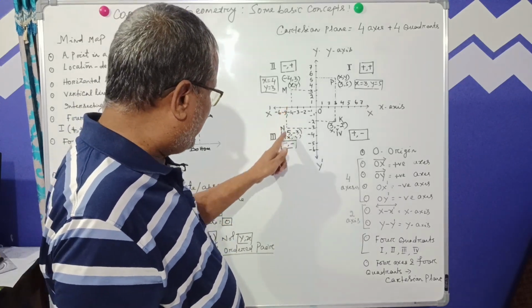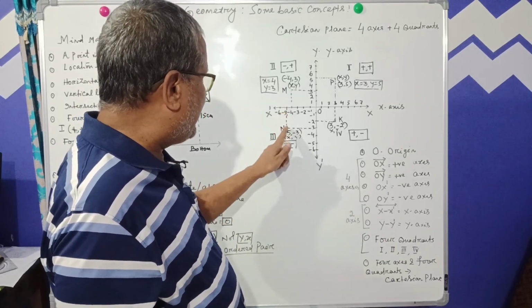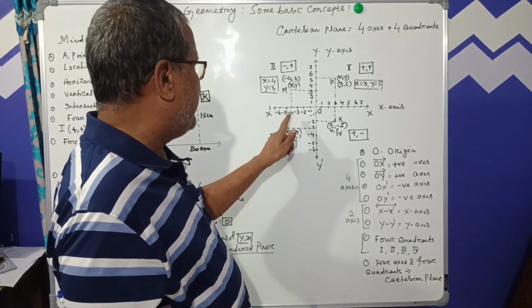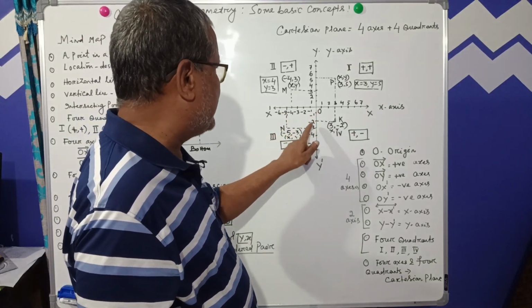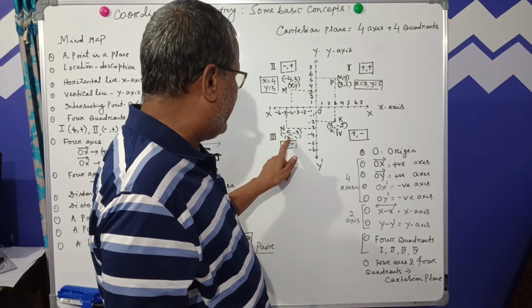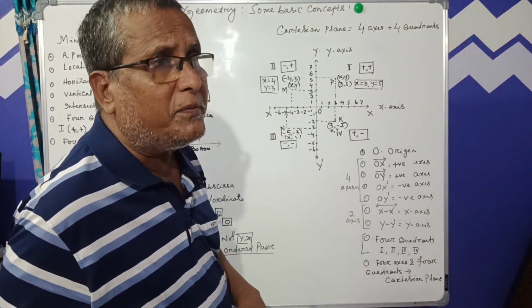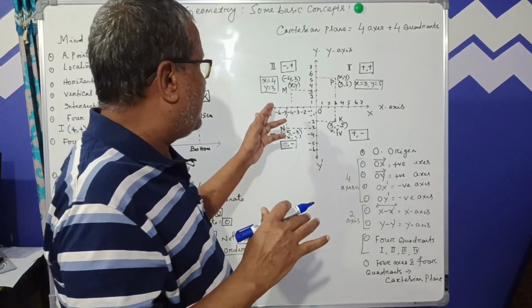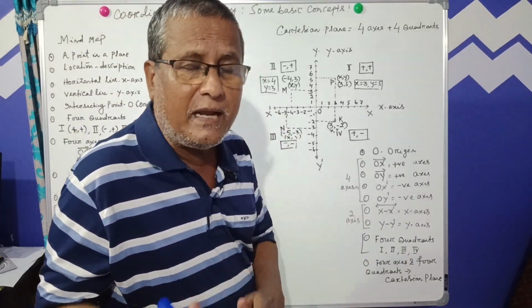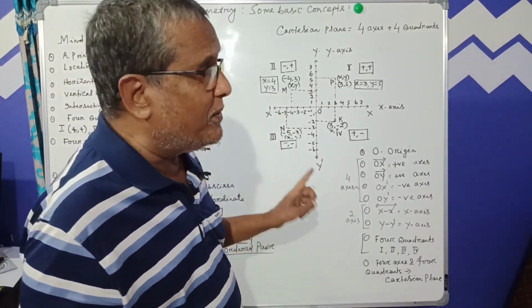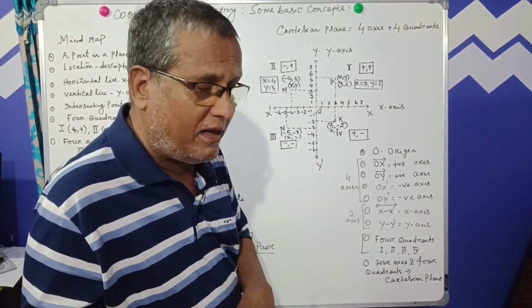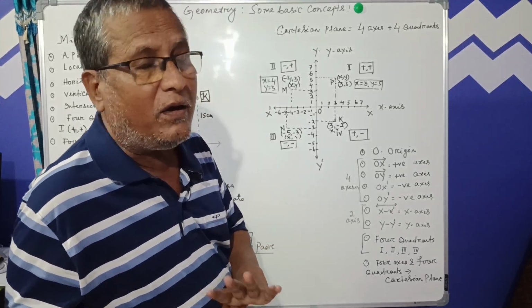And the y-coordinate or ordinate, the perpendicular distance from the x-axis, is minus 1, minus 2, minus 3. So x is minus 5 and y is minus 3. So a point on a plane can be described by two factors: one is the x coordinate or abscissa, another is the y coordinate or ordinate.